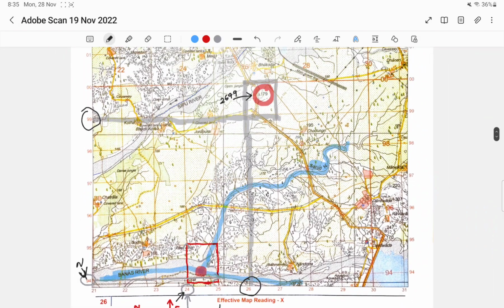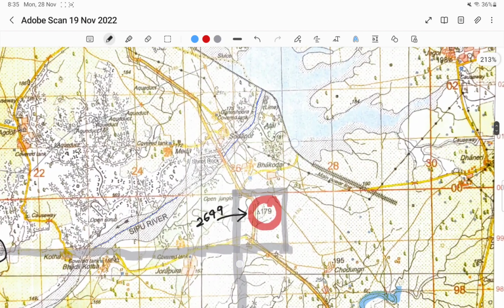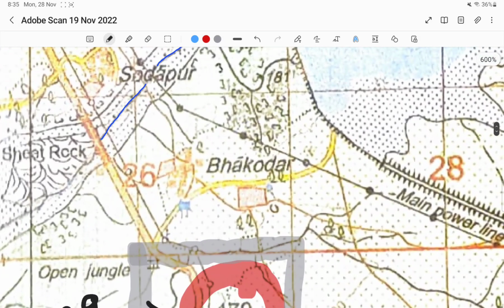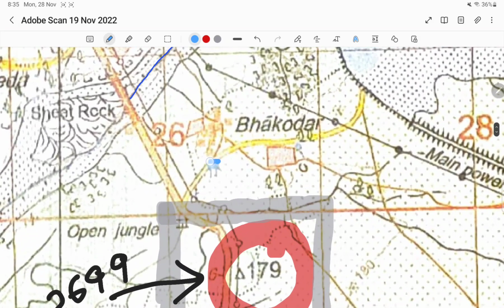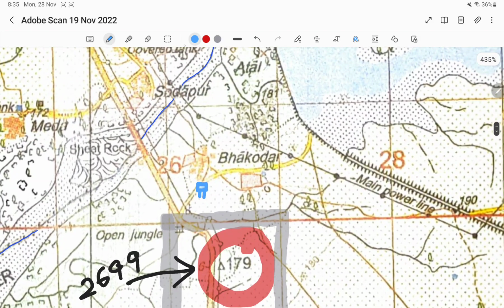As you can see in the topo sheet, first of all we have to search for Bhakodar. This is Bhakodar over here, and the overhead tank is very small, but you can see it very clearly over here: this is that particular overhead tank at Bhakodar. For this we need to find the grid reference of this particular grid square.